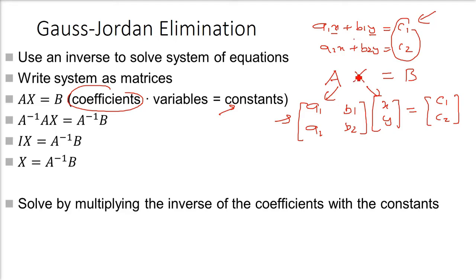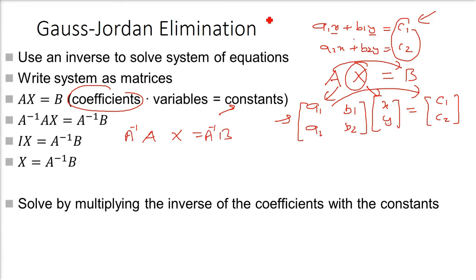So how do we find the solution x and y using Gauss-Jordan elimination? For that we have AX equals B. Since we are dealing with matrices, let us use the properties of matrix computation so that we can finally find X. So AX equals B; let us multiply both sides by A inverse.